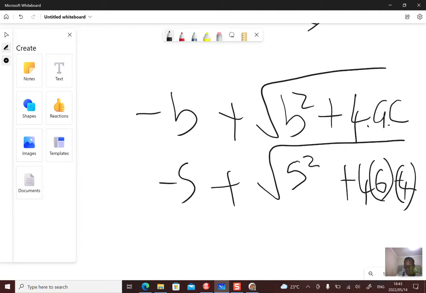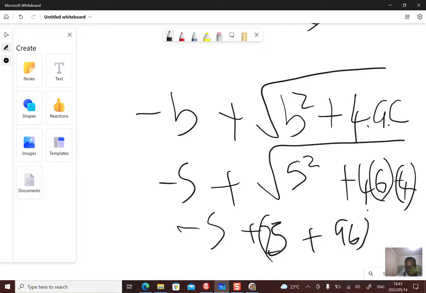Right, so here if we solve it, it's going to be -5 plus, if we square this one, it's going to be 25, and then over here what do we get? 4 times 6 is going to be 24, times 4, which would give us 96. So it's going to be 25 plus 96.